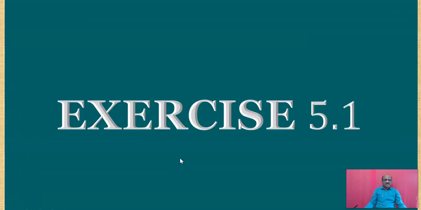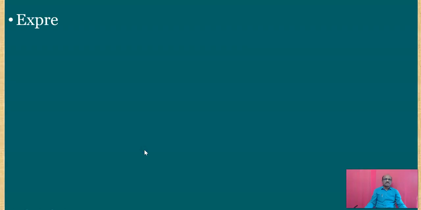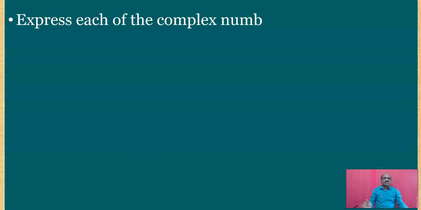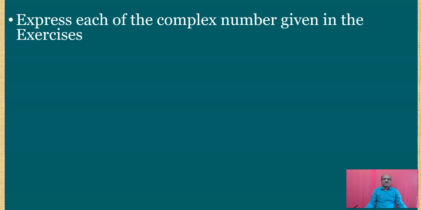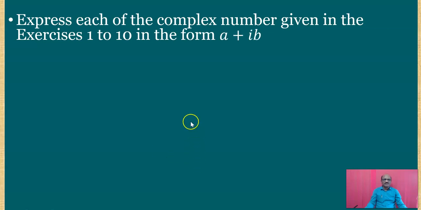Now we'll start exercise 5.1. Express each of the complex numbers given in exercises 1 to 10 in the form a plus ib. First, 5i into minus 3 by 5i.